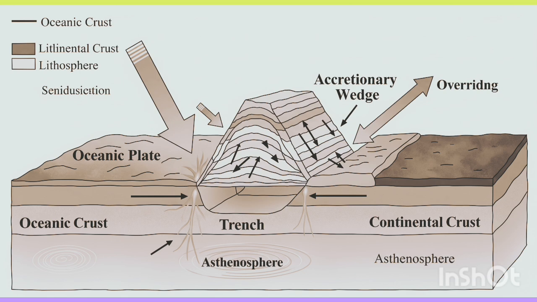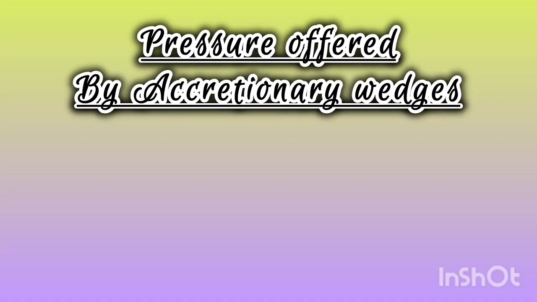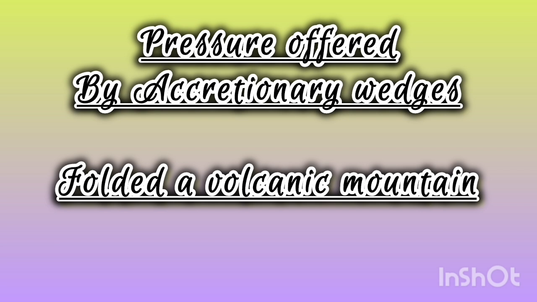This buildup continues to cause crustal shortening and may usher in a further phase of folding and lifting of a nearby terrain. Also remember that the pressure offered by an accretionary wedge folds the volcanic mountains, raising the mountain significantly.